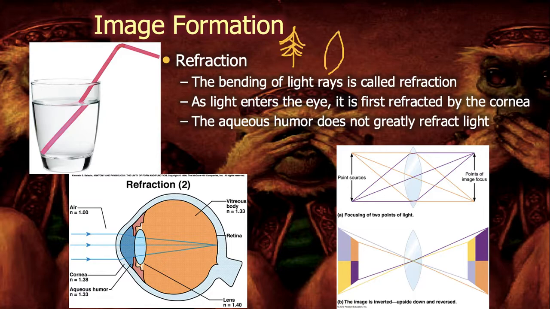When the light from the tree enters into this lens, it is going to cause it to bend, and it causes it to flip. Okay, that actually happens inside the lens, but it's okay. Okay, and what you end up with is a tree that looks like this.